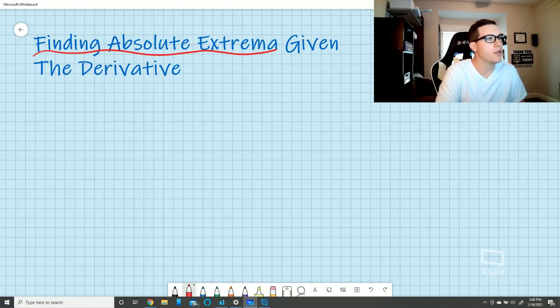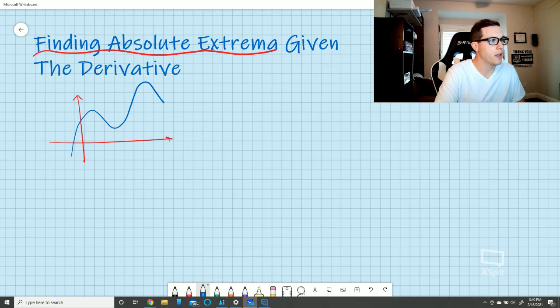What is an absolute extreme? Well, quick refresher. If I have a function that looks like this, let's say it goes like here, here, here, maybe something like this, in this interval from, let's say right here to over here.